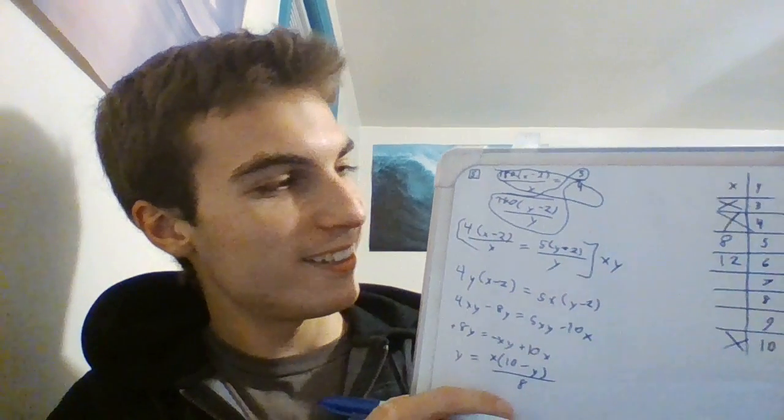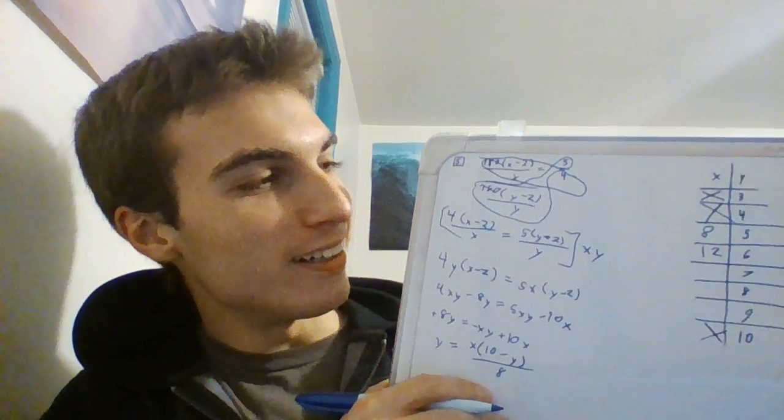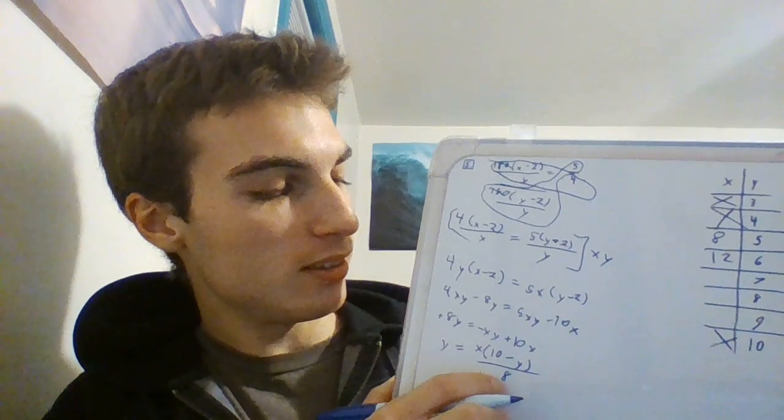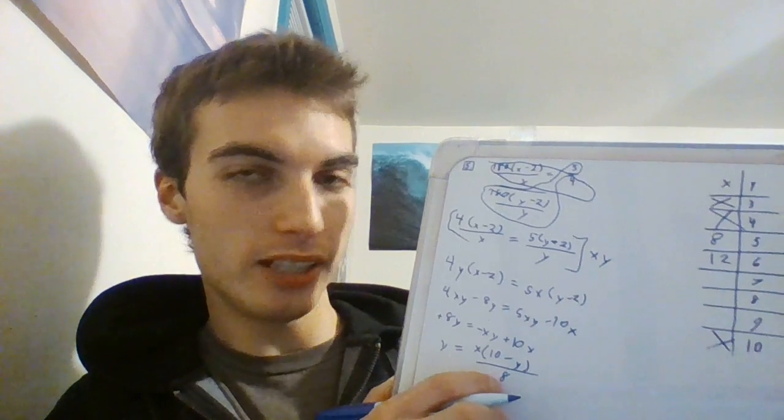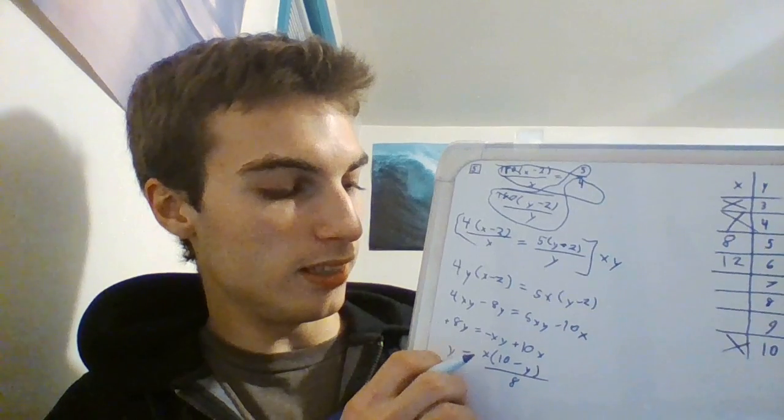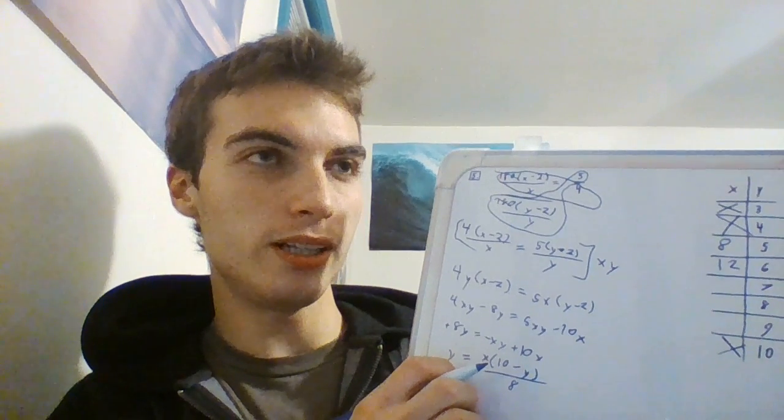Alright, staying with me? 7 would be 10 minus 7, 3 over 8. 7 times 8 is 56 over 3.